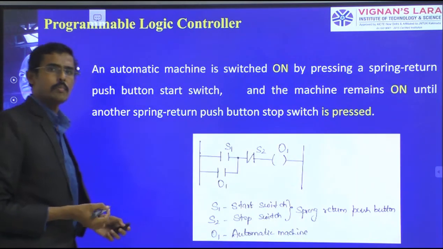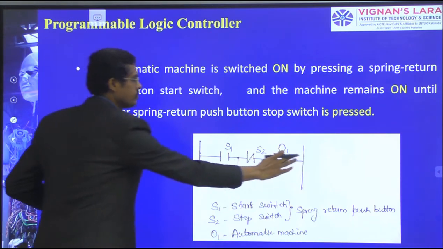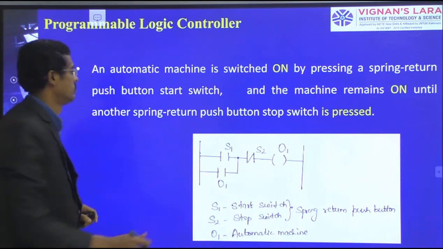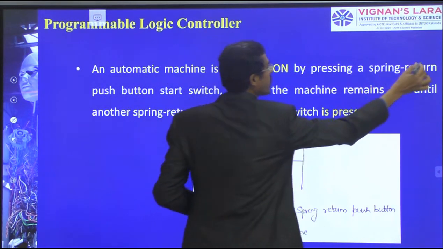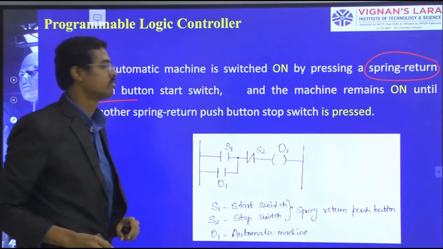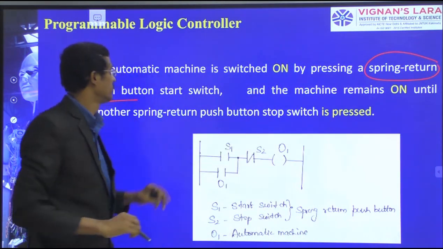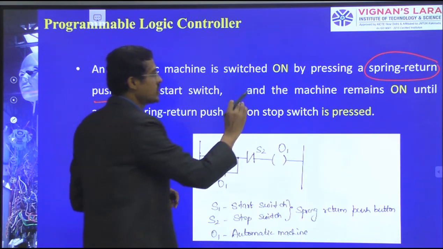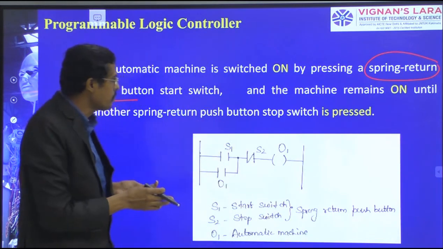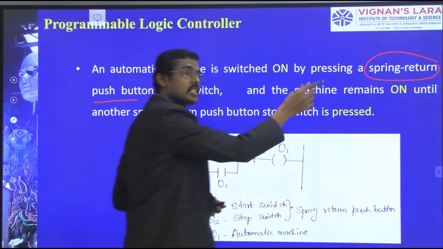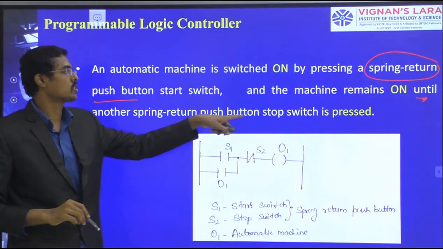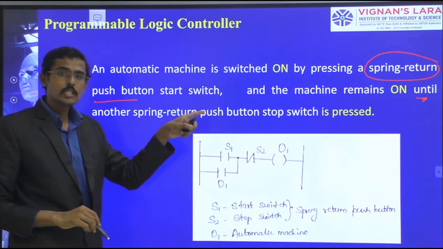Now you see, an automatic machine is switched on by pressing a spring return push button start switch. The switch output has started, and the machine remains on, running the same program until another spring return push button is pressed.